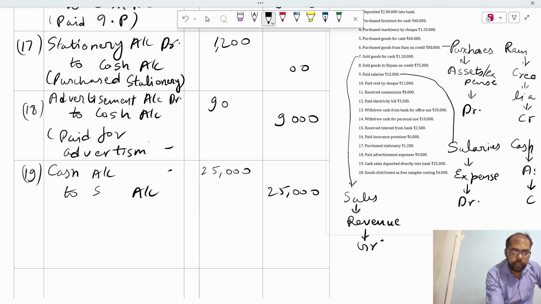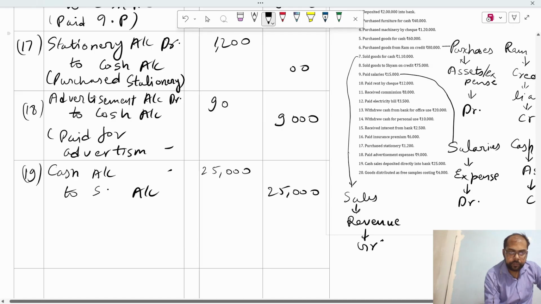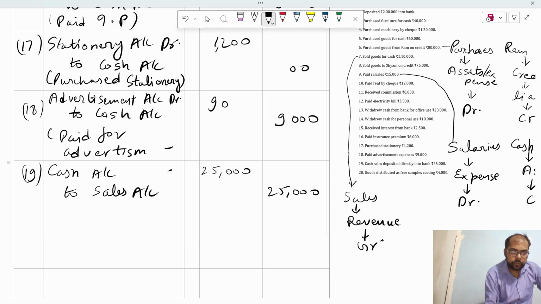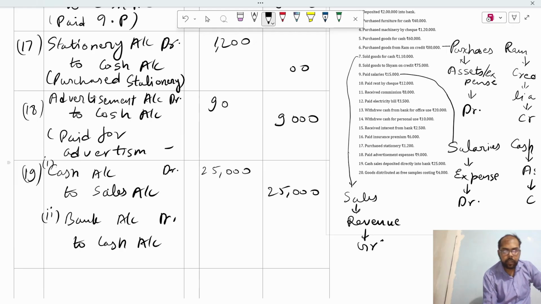This is the first part, and the second part will be bank account debit to cash account for depositing the cash into bank. This entry is done for cash sales, and this entry is done for depositing the cash into bank. Bank account is increasing and cash is decreasing. The amount will be the same, 25,000.